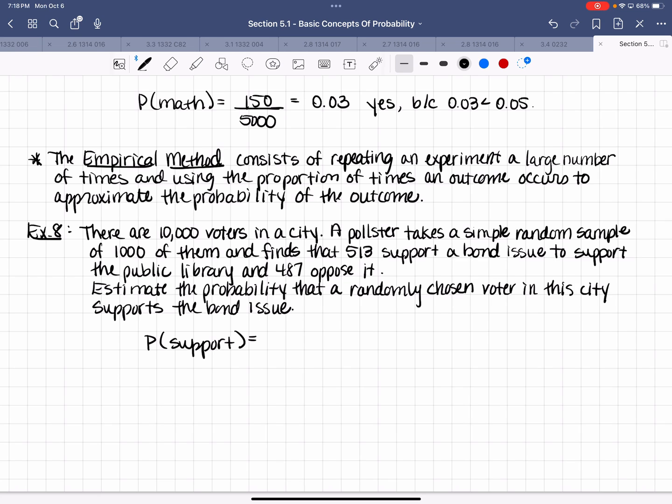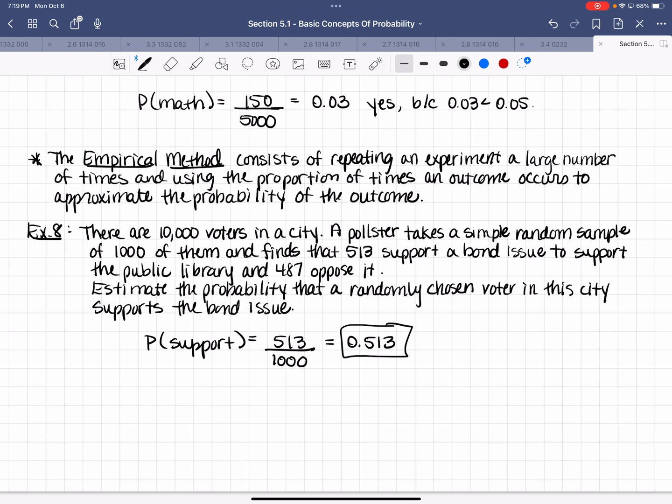You don't know out of the 10,000, do you? You know out of the 1,000. So my denominator is the 1,000. Out of the 1,000, how many support? 513, which when I divide, you can put that in the calculator, or just move that decimal 3 places left. That gives me 0.513.